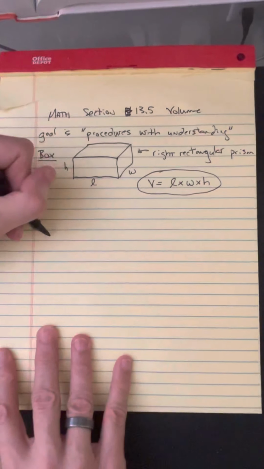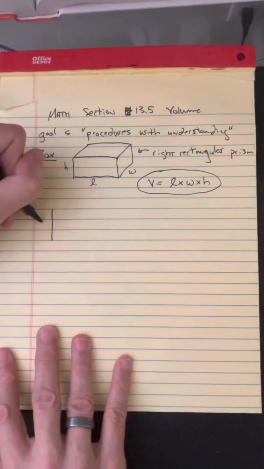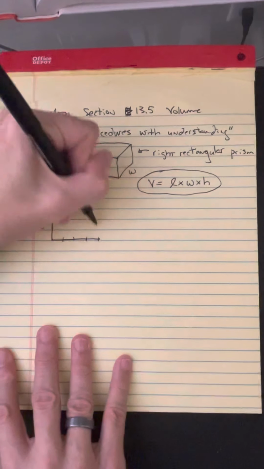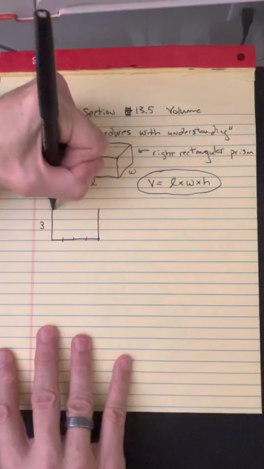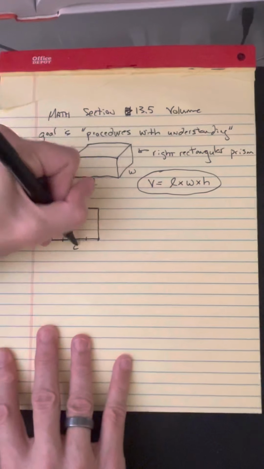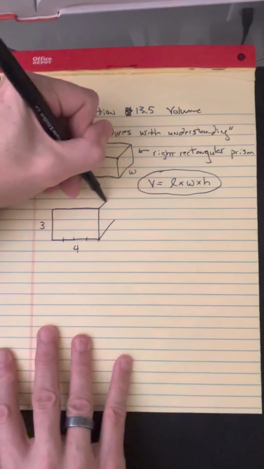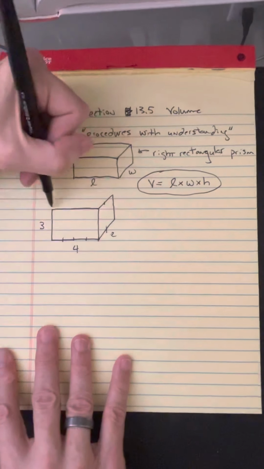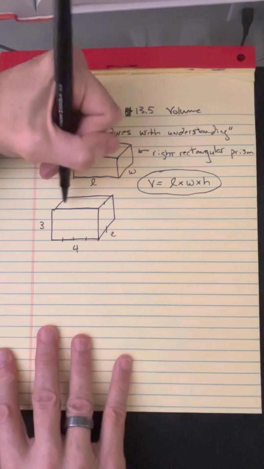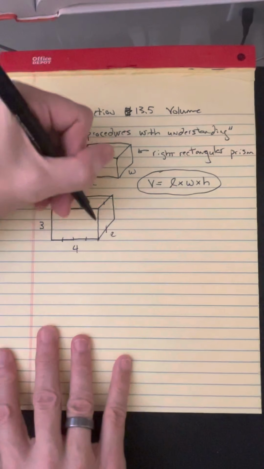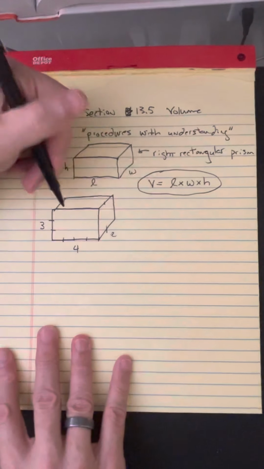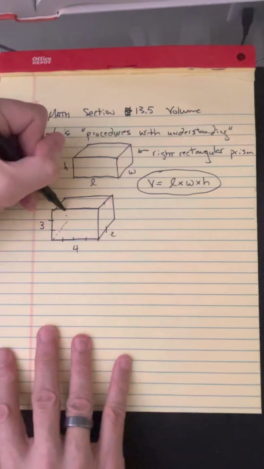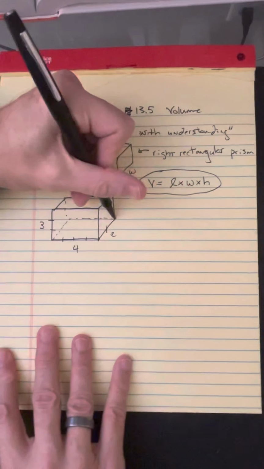Actually, let's say we had a box that was 3 high, 4 long, and 2 deep. Okay, so I'm just trying to draw it as best as I can. Let's think about what if I were going to try to fill this box up with 1 by 1 cubes?